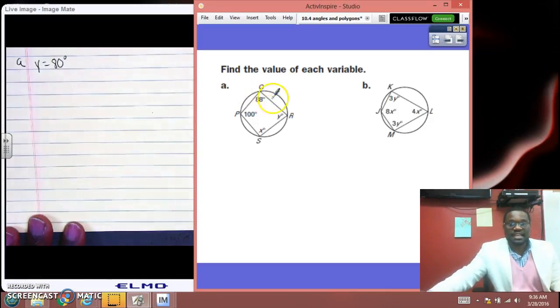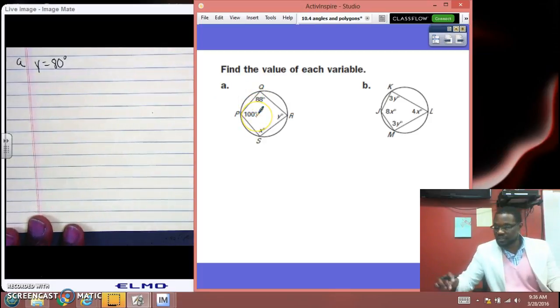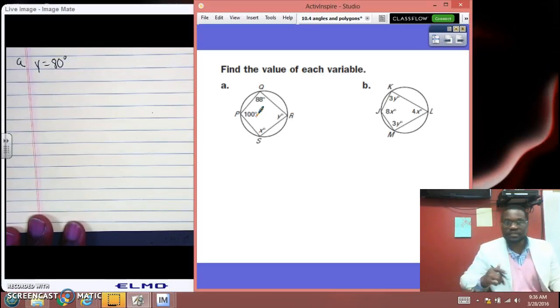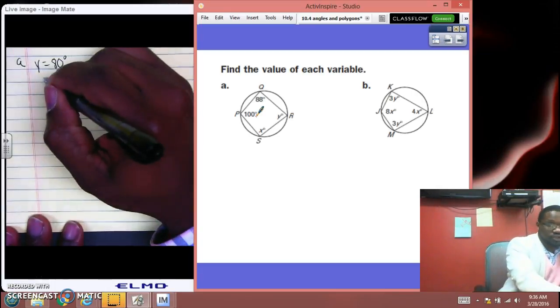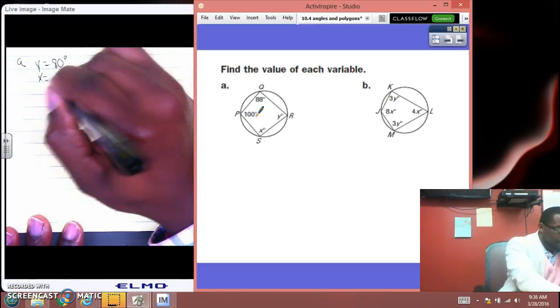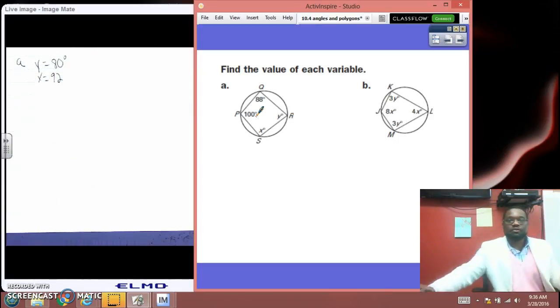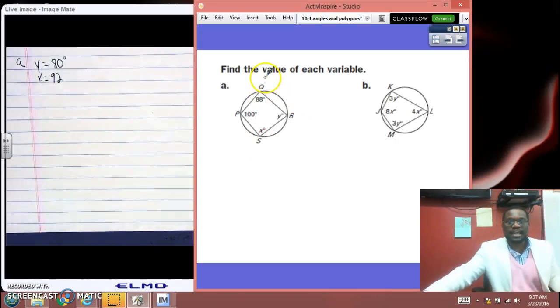And if this one is 88, then the opposite angle is 92. Why? Where am I getting these numbers from? Because opposite angles equal 180, so all you have to do is subtract from 180 and you find the opposite angle here. And I know that because it's an inscribed polygon, meaning all its vertices are on the circle.